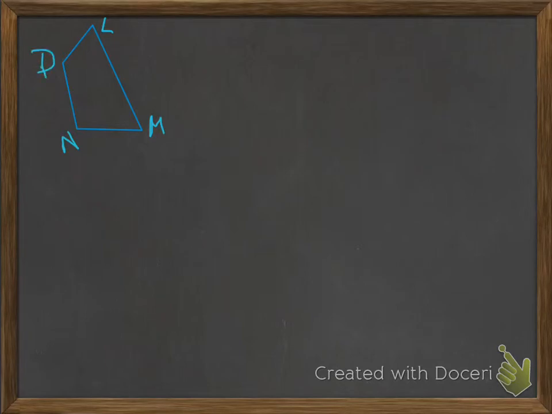And that figure LMNP is going to be similar to, so we need our similar to sign, QRST. QRST is just a little bit smaller. So Q, R, S, and T.